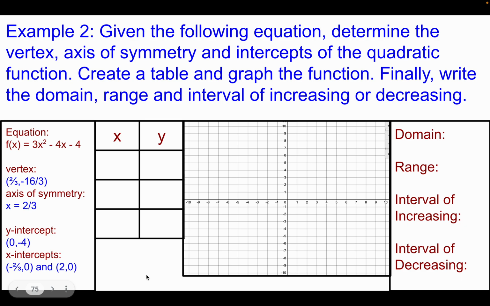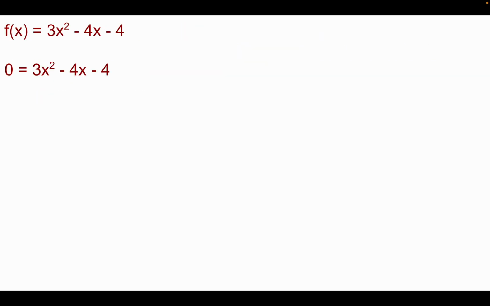Those of you that took Algebra 2 with trig, you also probably learned the quadratic formula. So that's what I'm going to do next, show how to solve for those x-intercepts using the quadratic formula. I'm going to again remind you that this is standard form. So in standard form, 3 corresponds to A, -4 corresponds to B, and -4 corresponds to C for this equation.